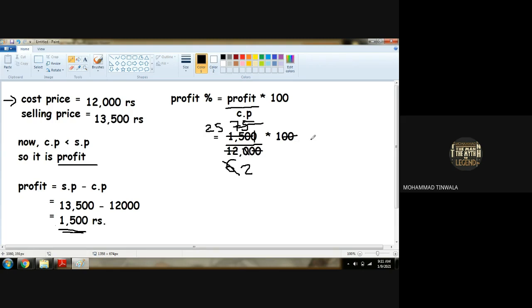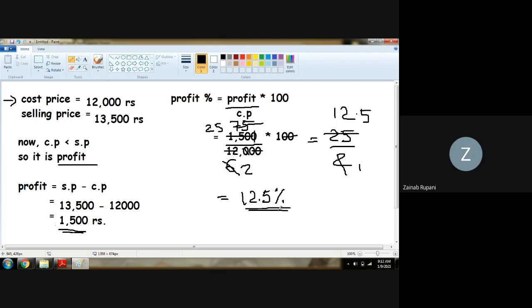So the rest is 25 upon 2. If you divide 25 by 2, we get 12.5. So the percentage we got is 12.5% profit.